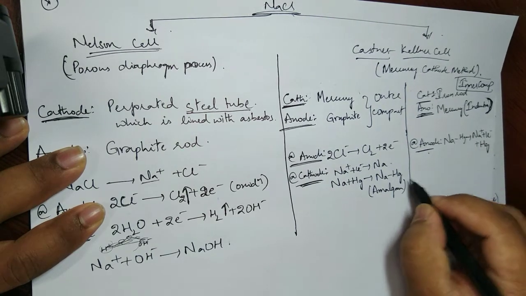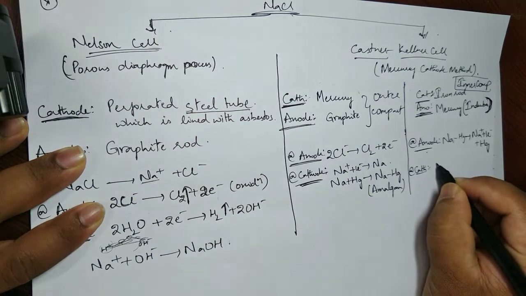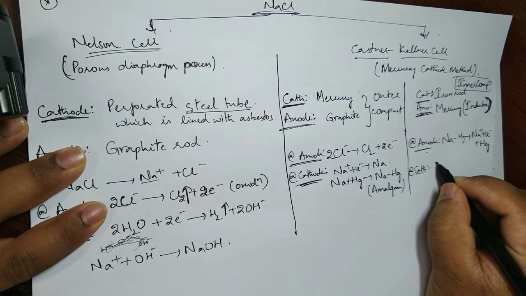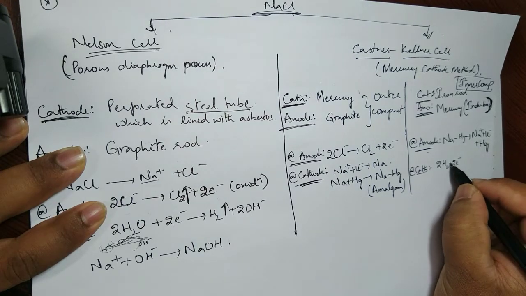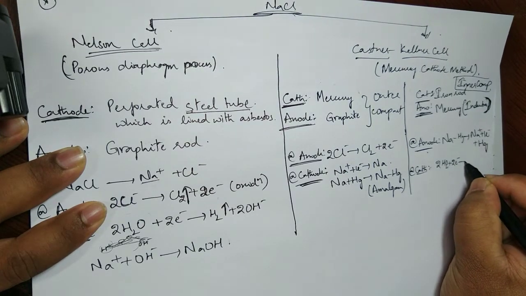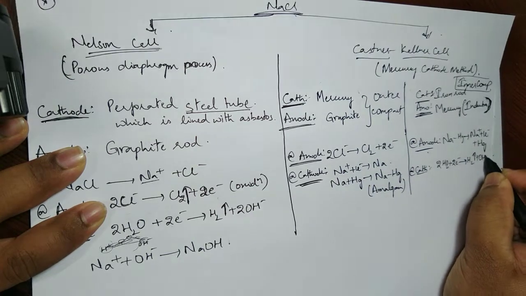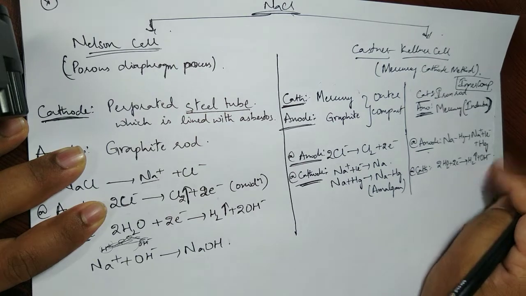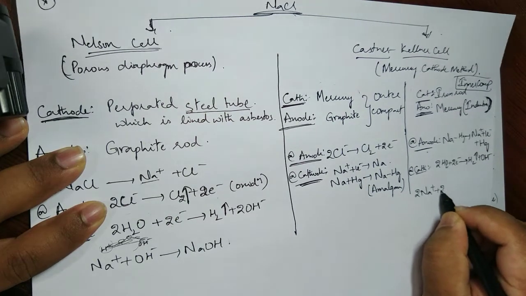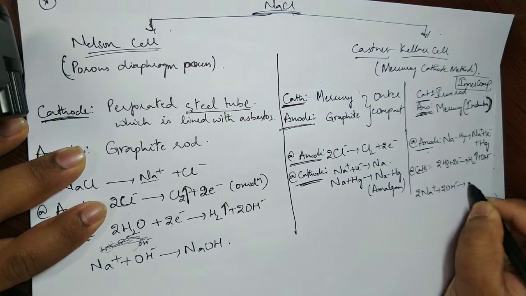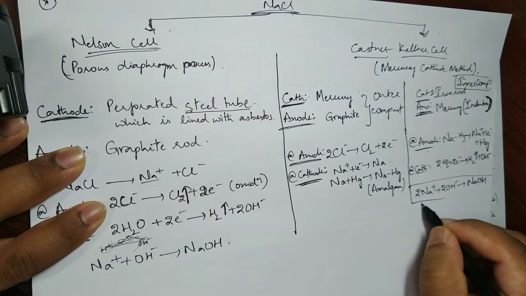Now at the cathode, we have the water molecules, so 2H2O plus 2 electrons form H2 gas plus 2OH⁻. This OH⁻ with Na⁺, 2Na⁺ plus 2OH⁻, forms NaOH. So this is our ultimate reaction.